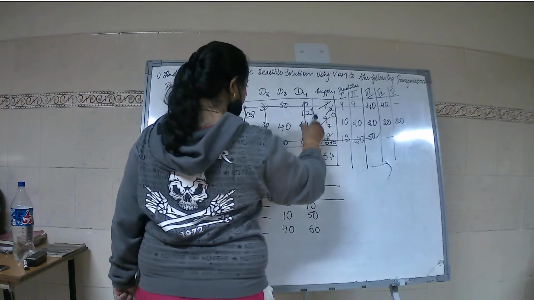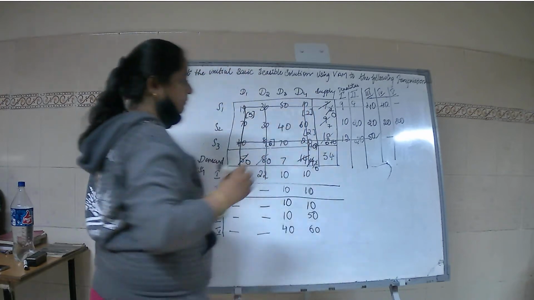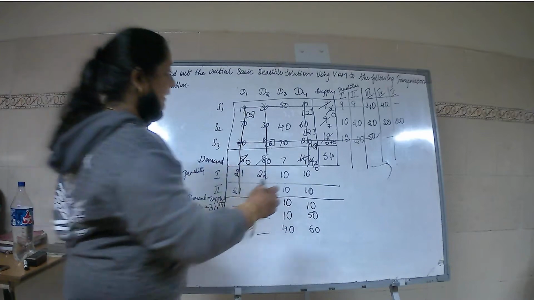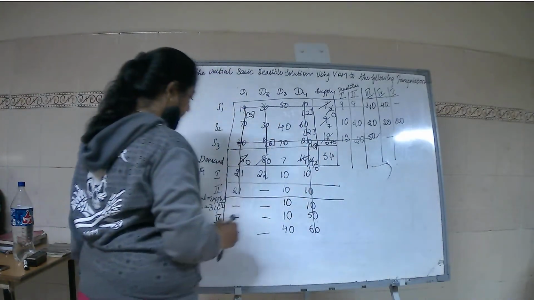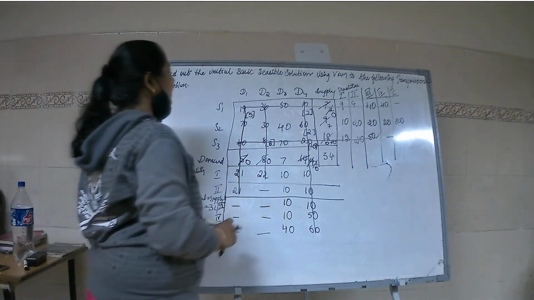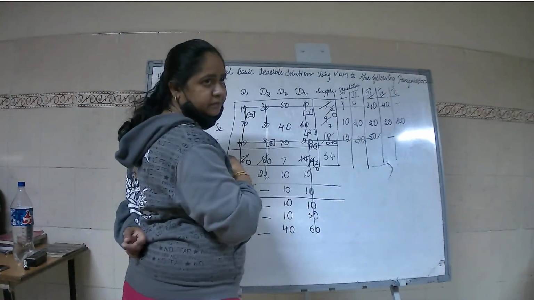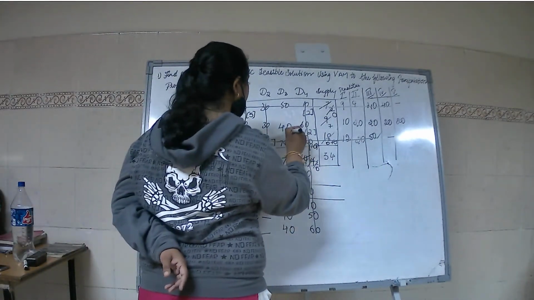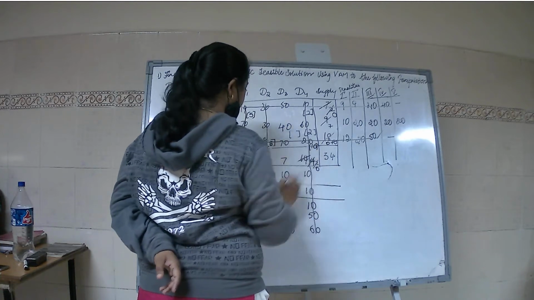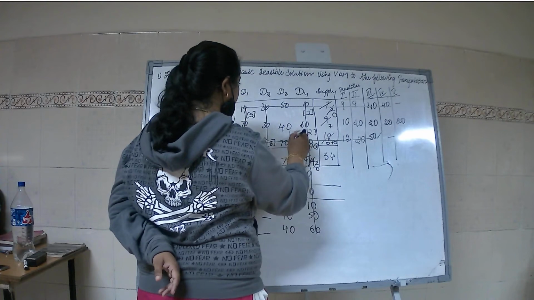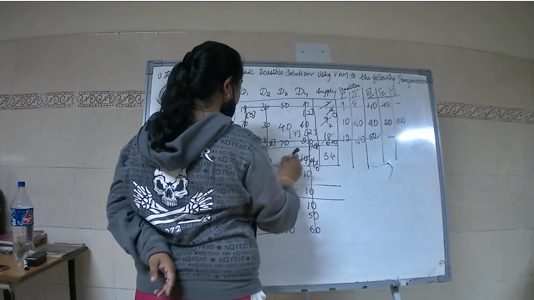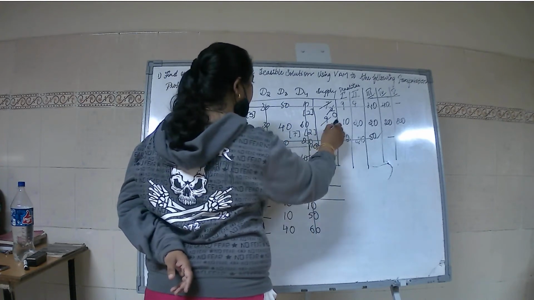I cancel this column till the penalties. Now only remaining value is 40. I put the allocation here. Here both demand and supply are 7 and 7. I put here 7. This becomes 0 and this becomes 0.